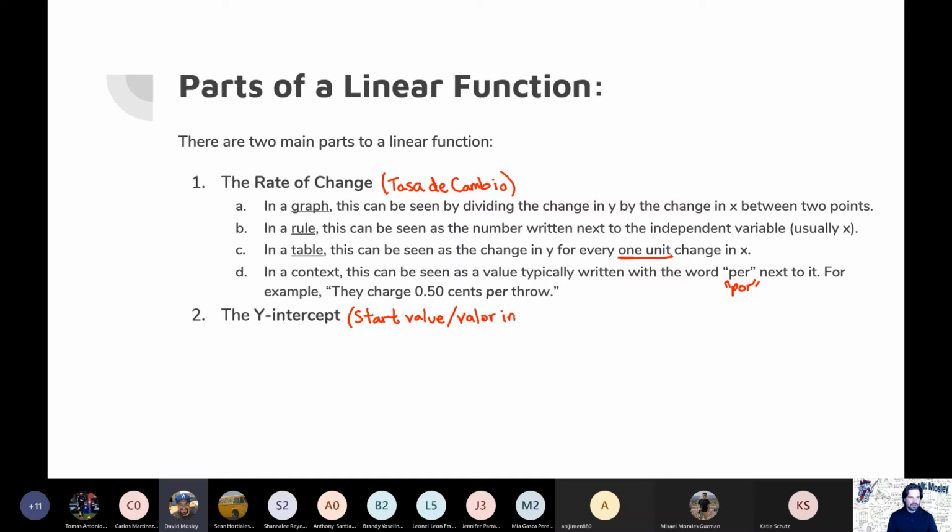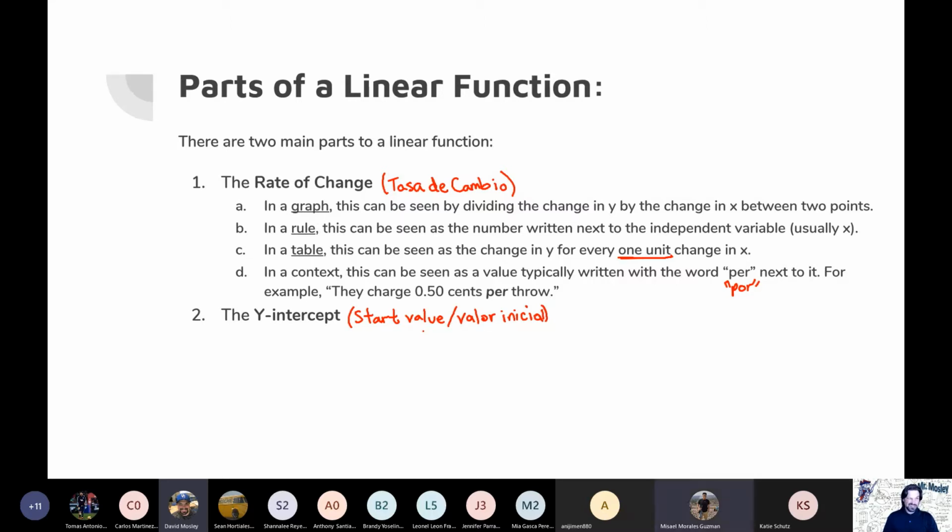I think it's the valor inicial, I-A-L. All right, so valor inicial, or the start value, is the y-intercept.